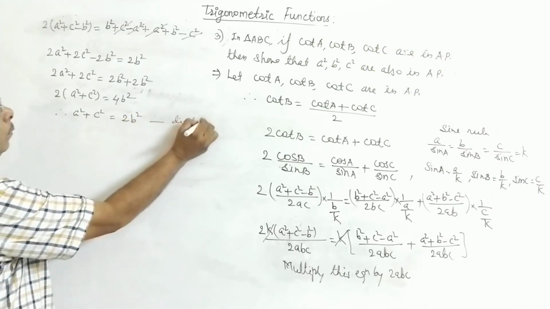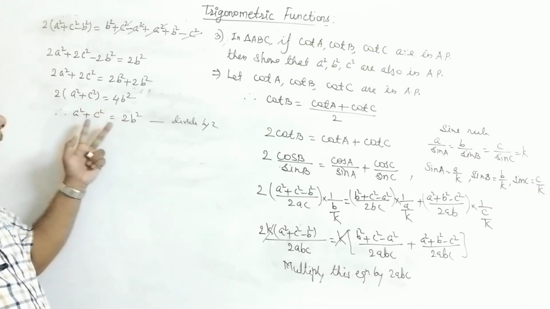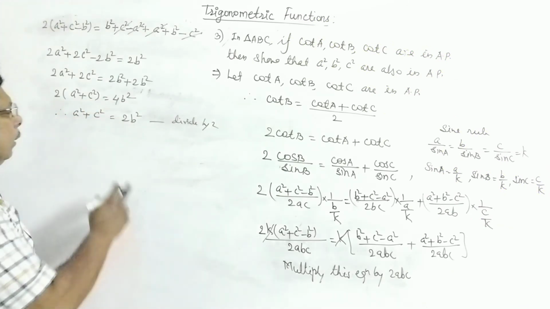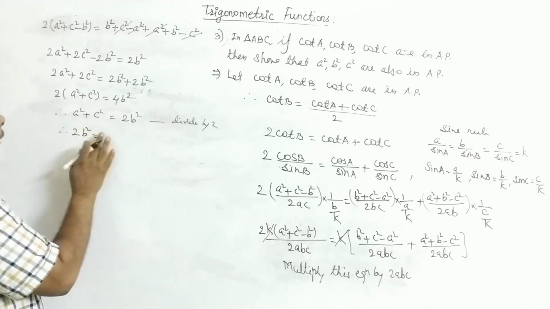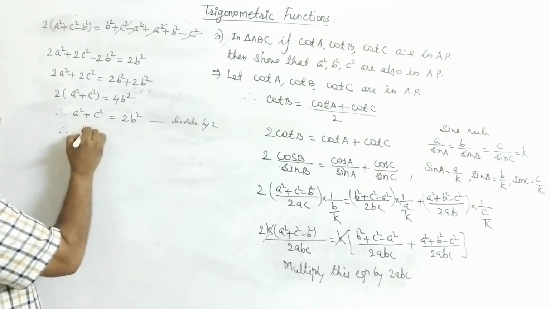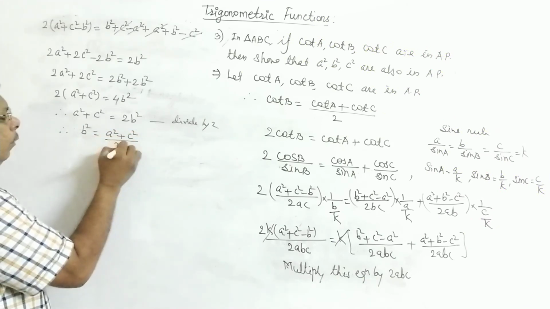Divide by 2, a square plus c square equal to 2b square. So from this we can write 2b square equal to a square plus c square. Otherwise you can write b square is equal to a square plus c square upon 2.